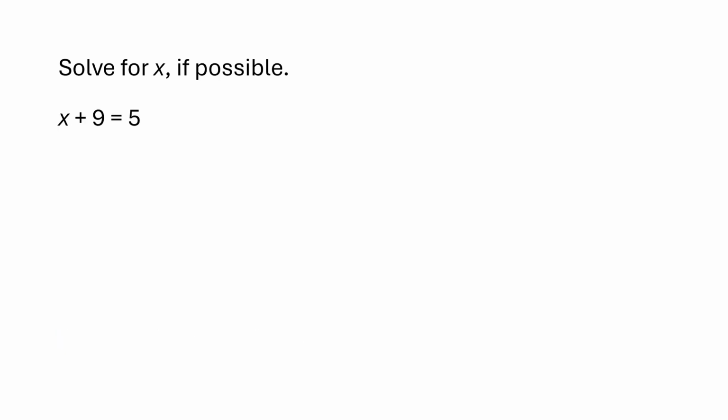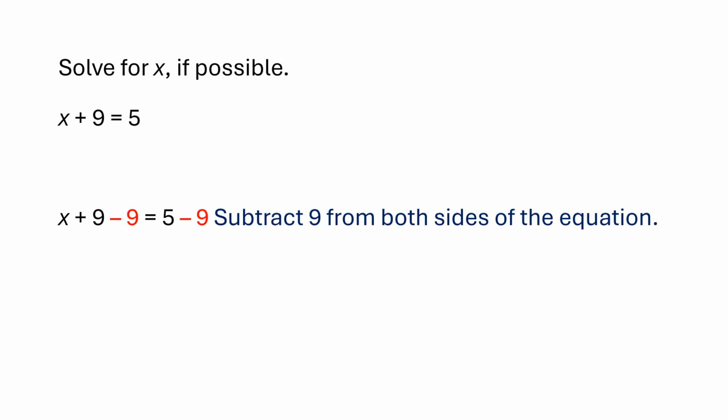Now let's take a different example. Solve for x if possible. x plus 9 equals 5. Here we remove the 9 from the left-hand side. The way to do that is subtract 9 from both sides of the equation. 9 minus 9 will be 0.